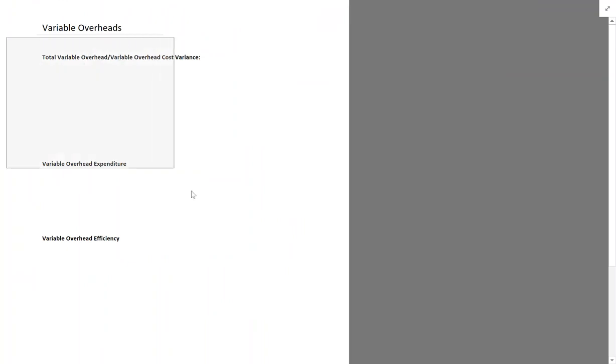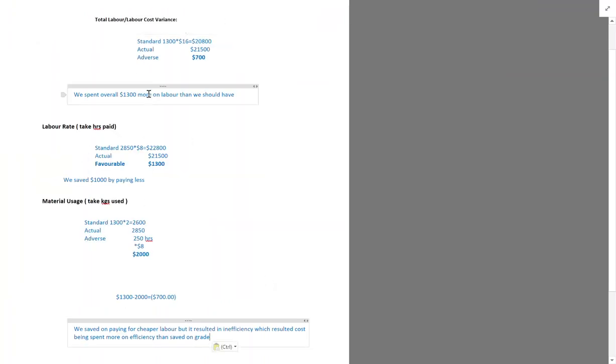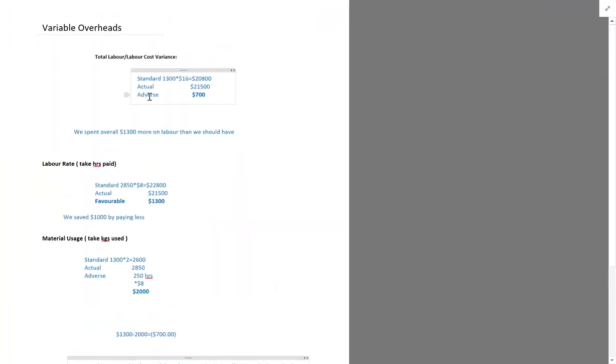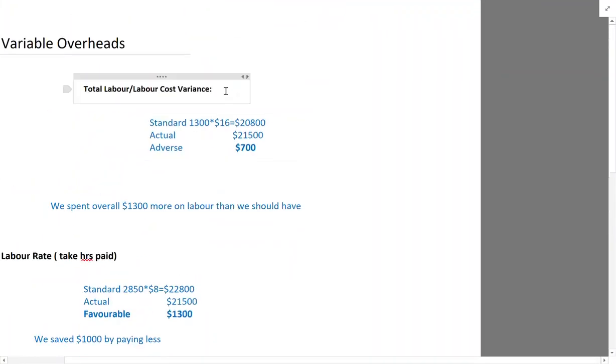Variable overheads is very similar to labor. Okay, so just like previous, total variable overheads or variable overhead cost variance.